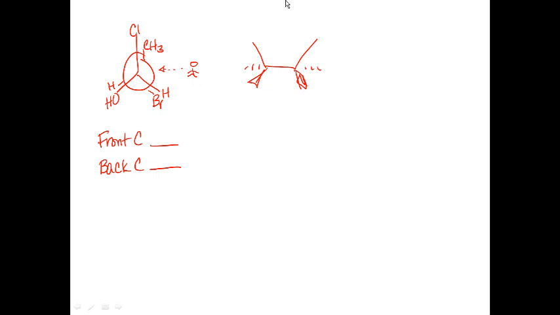I'm looking down that carbon-carbon bond, and I'm saying, well, the chlorine is the left, that's the front carbon, and the CH3 is on the right carbon, which was the back carbon. And they are now in the same plane. If I'm looking at the left carbon, or what was the front carbon, the hydrogen is pointing towards me. If I'm looking at the back carbon, the bromine is pointing towards me. For the front carbon, it's the OH that's pointing away, and the hydrogen over here is pointing away.